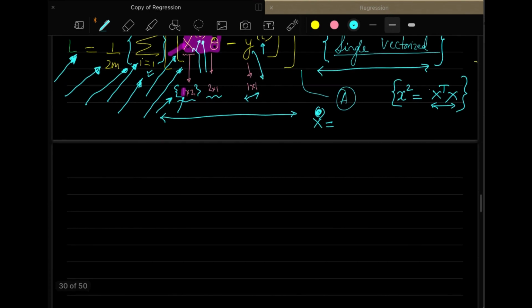The important thing is that you do a square. If there are square terms involved, then in matrix format you can write that in this way. So you consult back the linear algebra, and there you can easily find out how to do this type of thing. This is a very simple identity transformation that we are doing. We are converting x square to x transpose x to do that similar job.